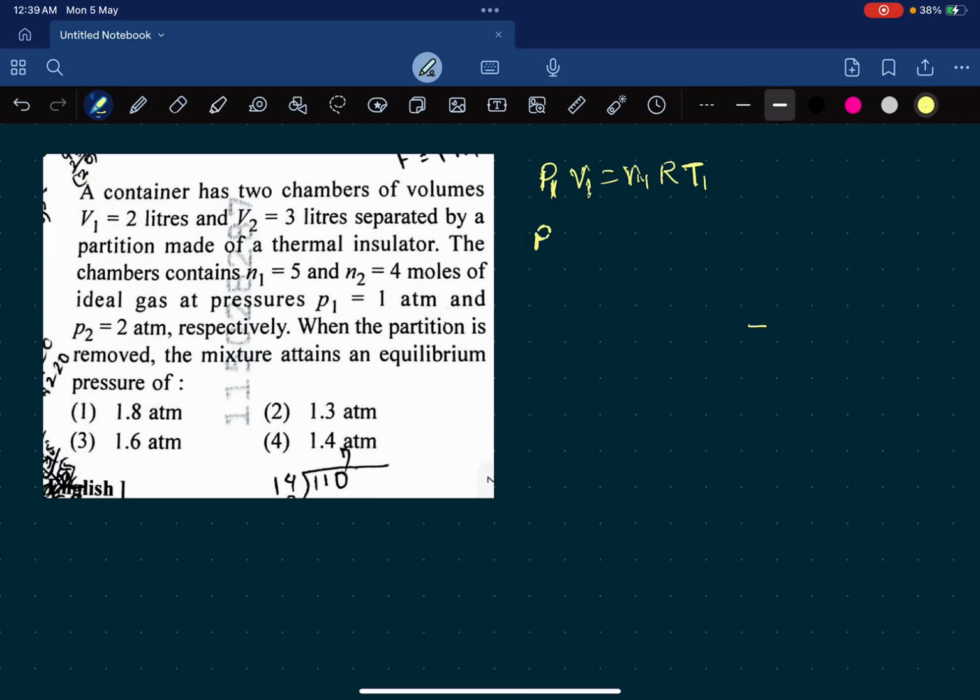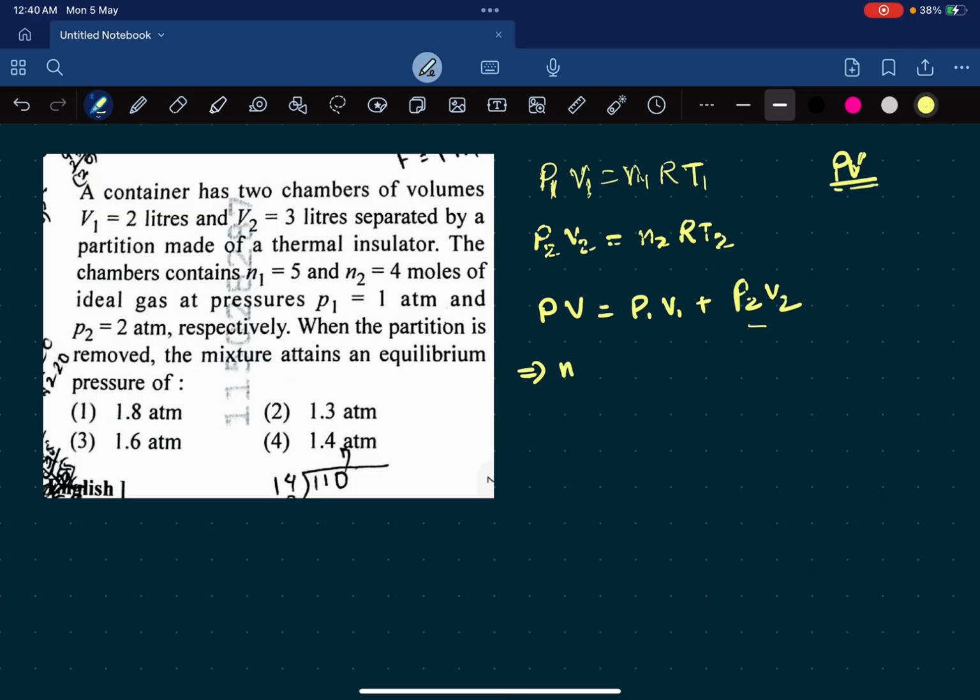And for the second chamber, this is P2 V2 equal to N2 R T2, right? Now since P multiplied by V represents the energy and it should remain constant, even after mixing the energy should remain constant, right? So this PV should be equal to P1 V1 plus P2 V2, right?